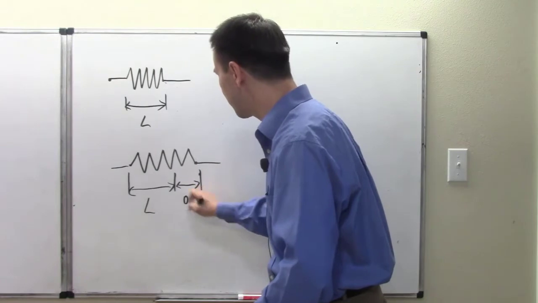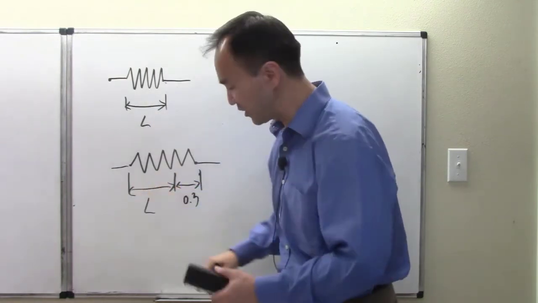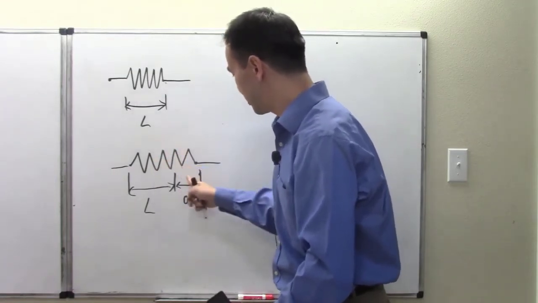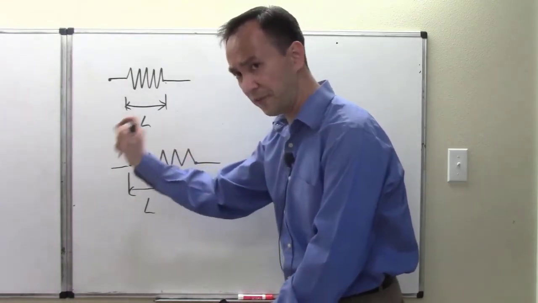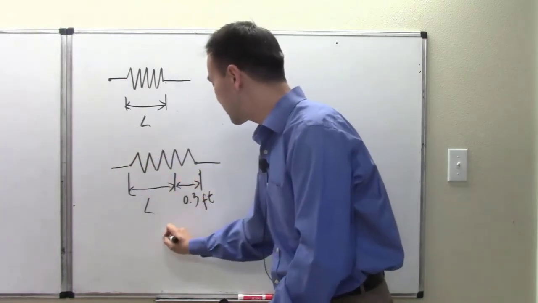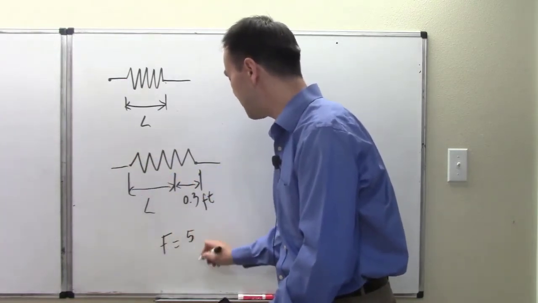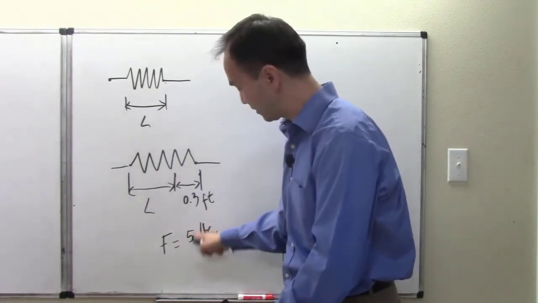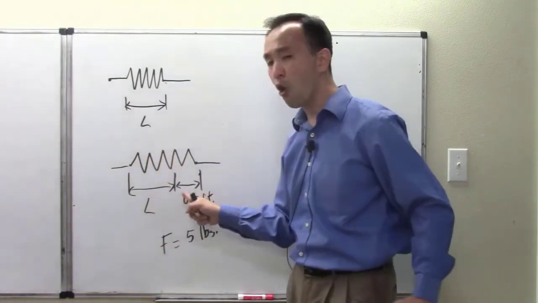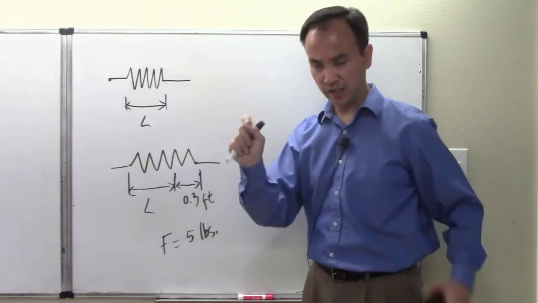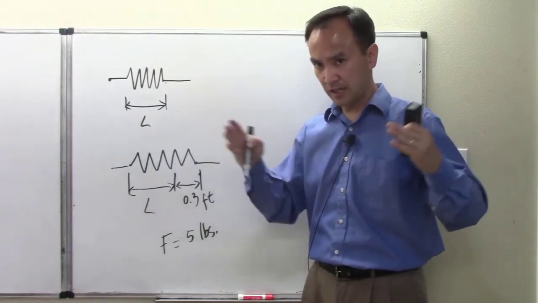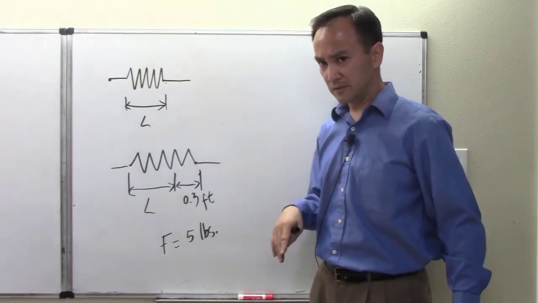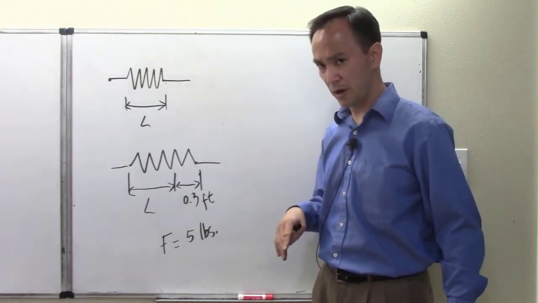To do that, we need a force of 5 pounds. We need that force to stretch that spring out and hold it at 0.3 feet longer than its natural length. We still don't know the natural length of the spring, and as a matter of fact, it's not important.